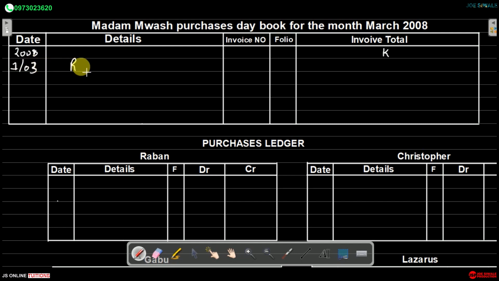So we are going to say Laban, and there we know that the invoice number was 001. Then in the folio there we are going to say PL, which represents the purchases ledger, so we have to record that in the purchases ledger. Then the amount was 150 kwacha.